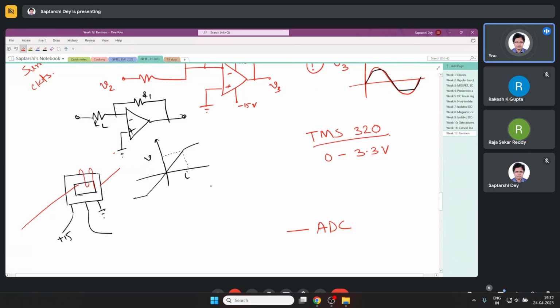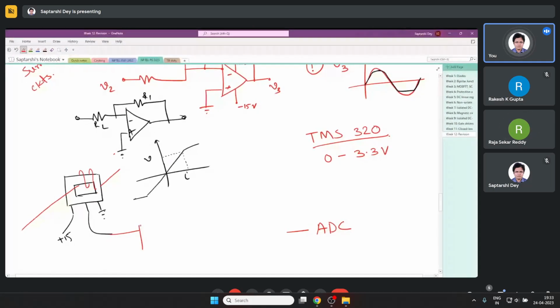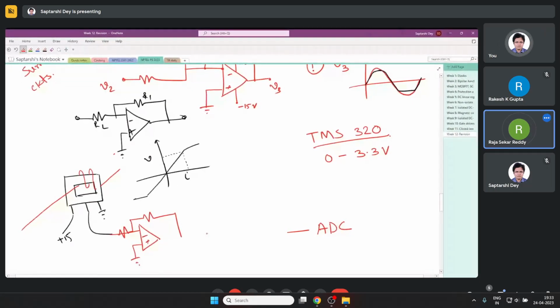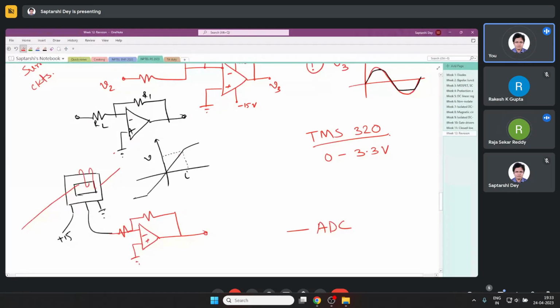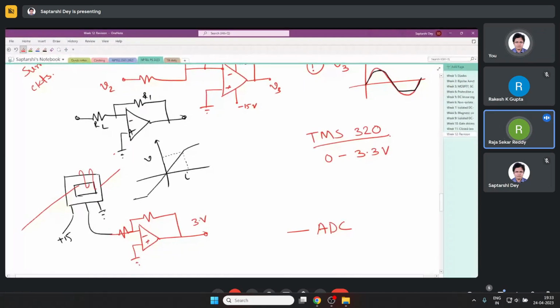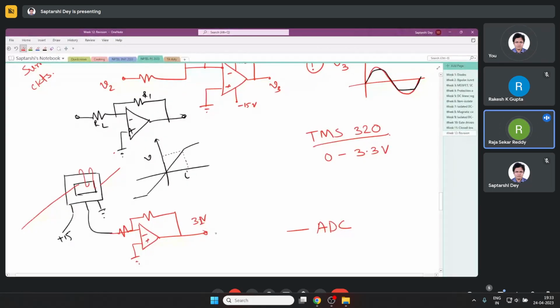So I have to reduce it to this 3.3 level. So I fed it to an op-amp, so that at full load current, this output is somewhere say 3 volt, or maybe 3.1 or 3.2 volt.